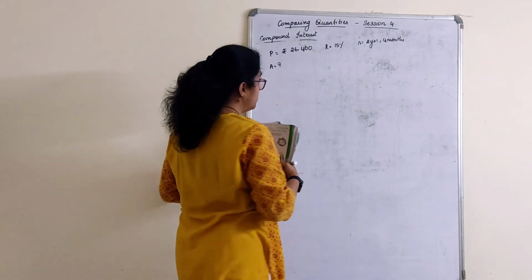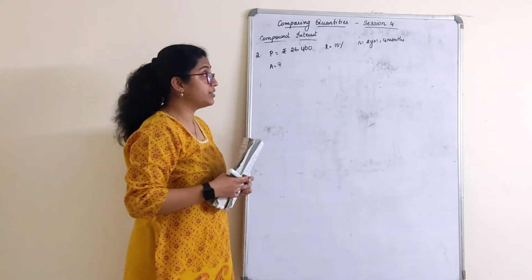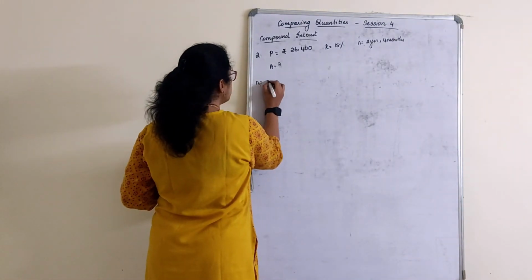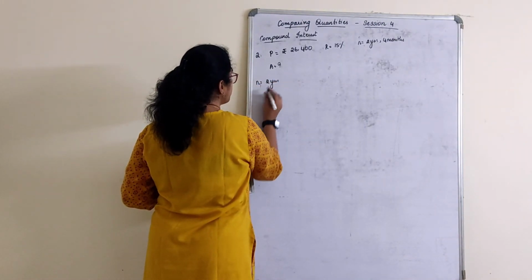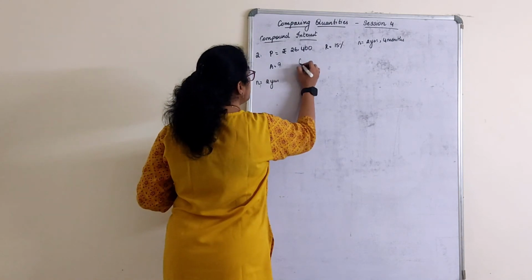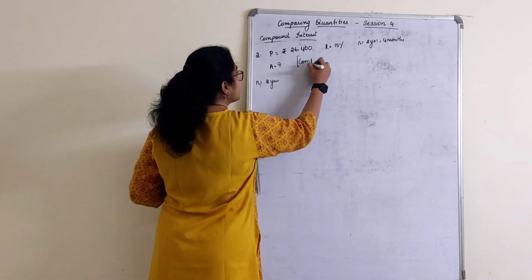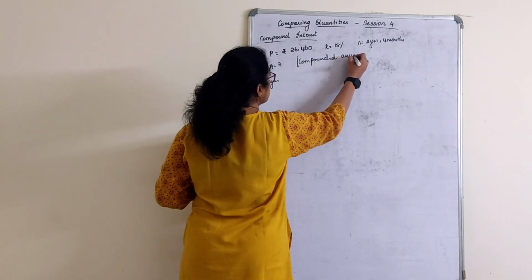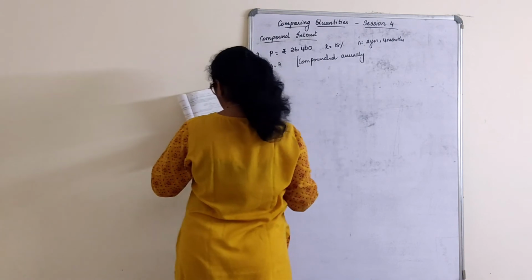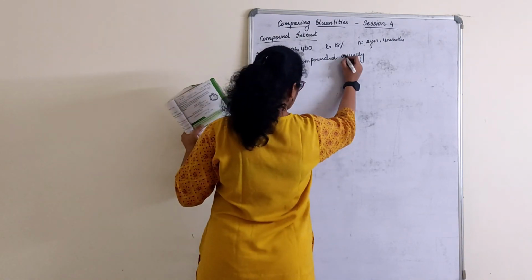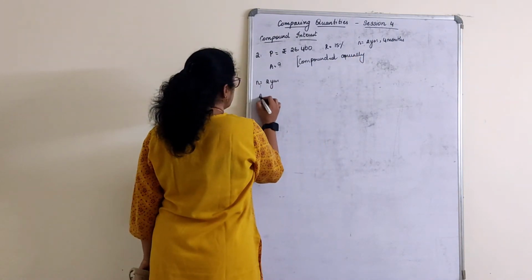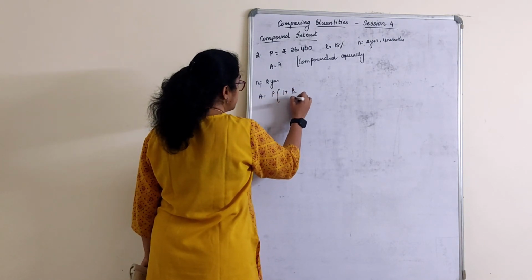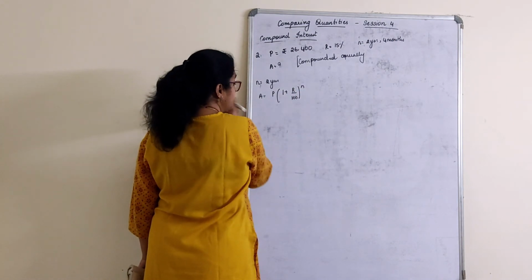Now 2 years is done by compound interest. 4 months is done by simple interest. Let's do it. First, n is equal to 2 years. So compounded annually, amount is equal to principal into 1 plus r by 100 raised to n.